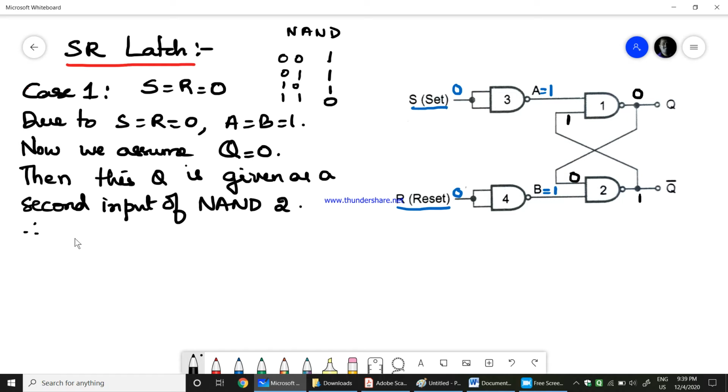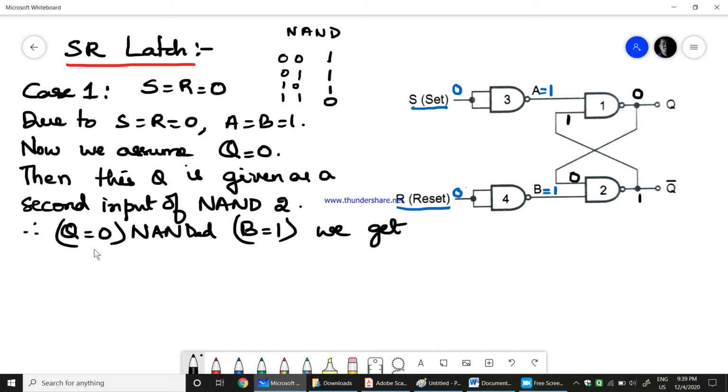Therefore Q equals 0, NANDed with B equals 1, we get Q bar equal to 1.